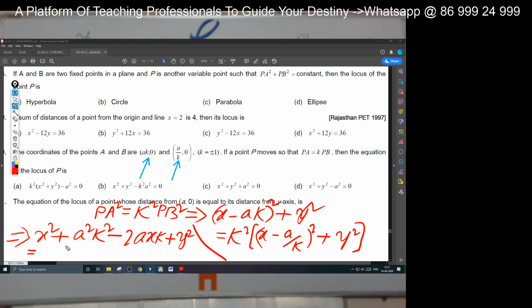if you take k LCM, (kx minus a) whole square, k square gets cancelled, k square x square minus 2akx plus a square plus k square y square.